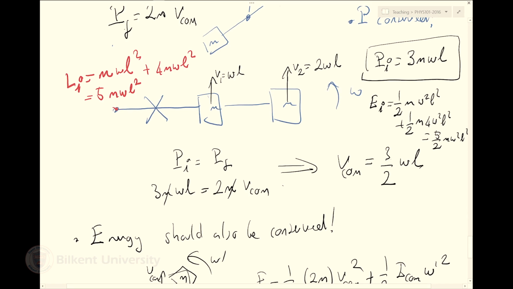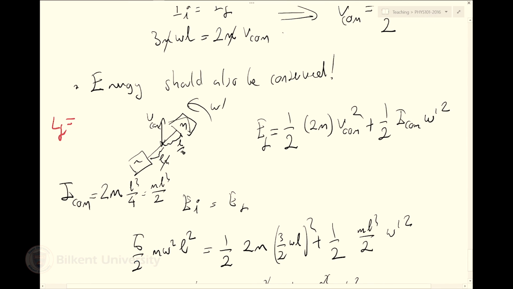How about L final here? Now we have not discussed what happens to the angular momentum of a rigid body when it actually does both rotation and translation. But here is something I would like to try. First, let me think of the pivot point. These guys started from a distance of 3L over 2, the center of mass. So I'll basically write it in two terms.